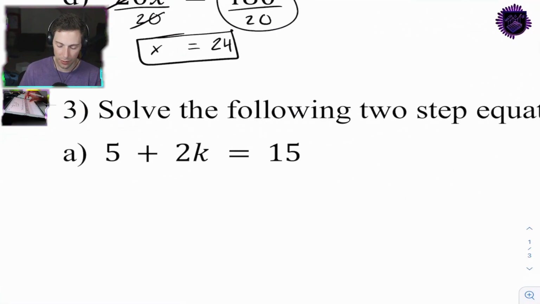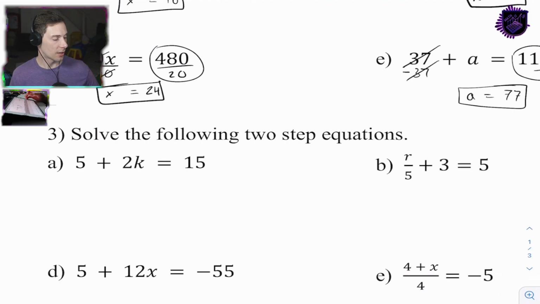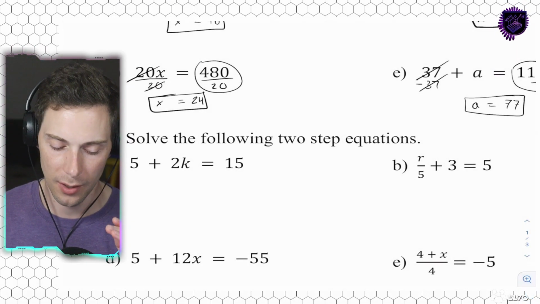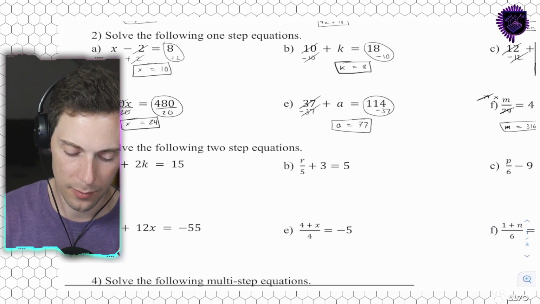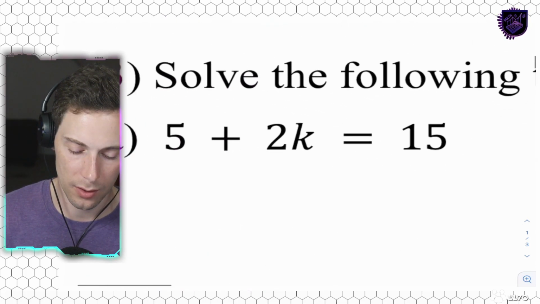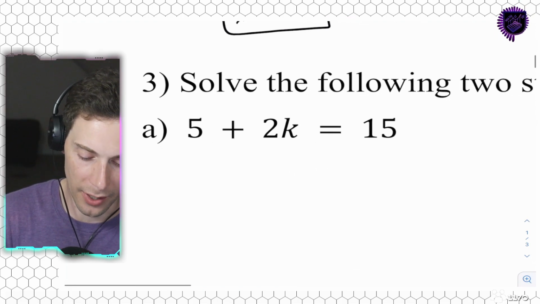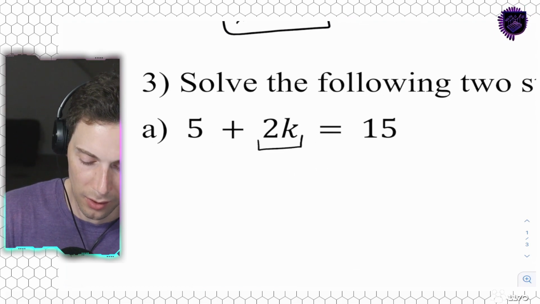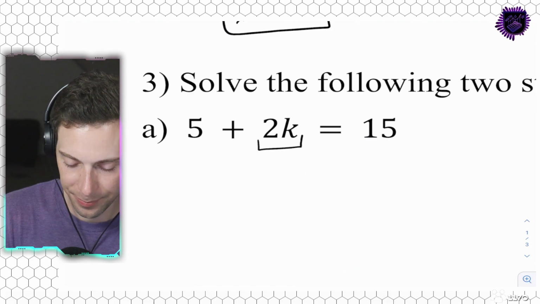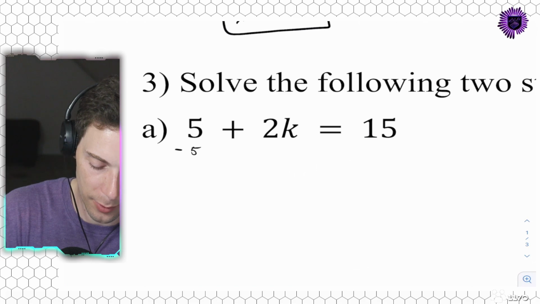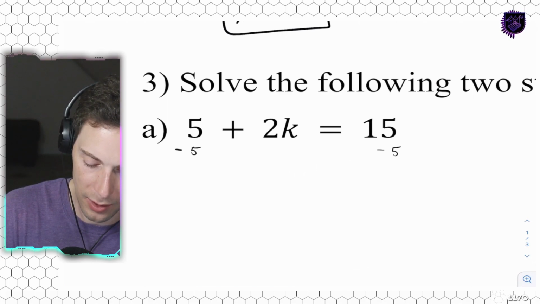3. Solve the following two-step equations. Now, two-step equations are exactly that. They're 2 steps. Take your time, show your work, and we'll get through them. So first, we want to isolate the term with k by taking away 5 from both sides, minus 5, and we're left with 2k is equal to 10, right?